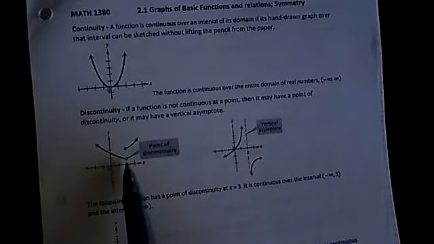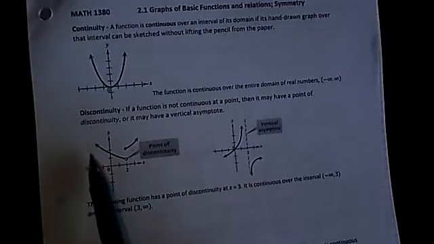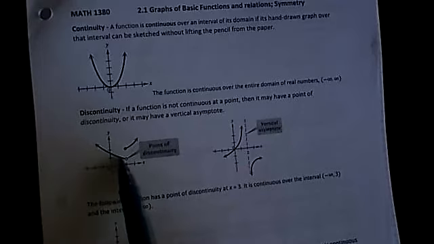So if I wanted to write this down, where is this continuous from? Remember, we always talk about the domain when we're talking about this. So we start over here at negative infinity with a parenthesis, and we go all the way to here, and it stops being continuous at positive 2. And it's not included there.